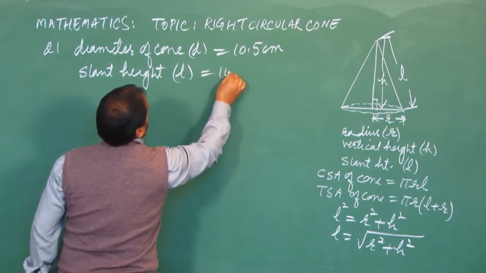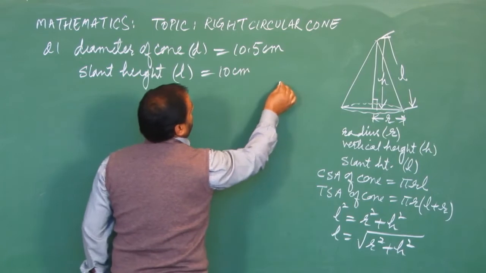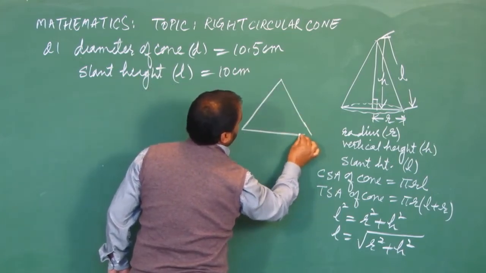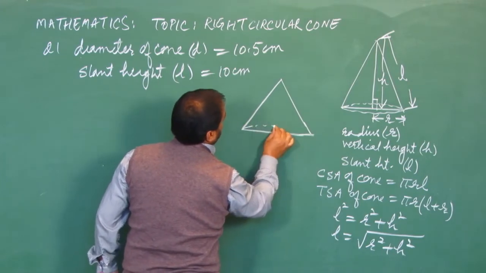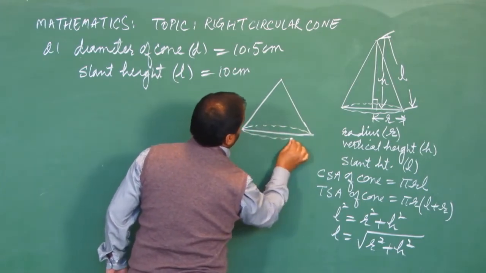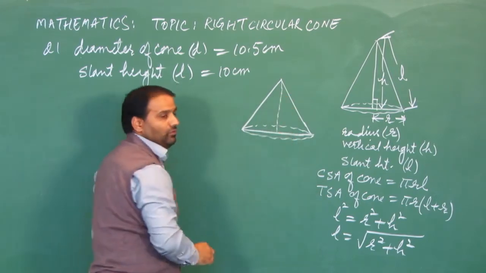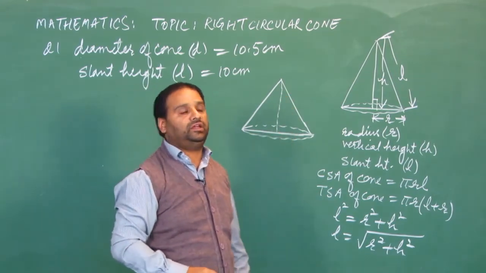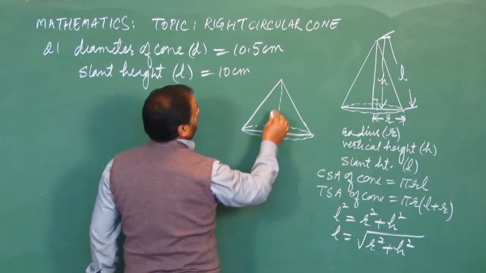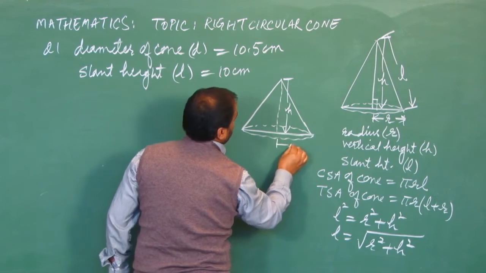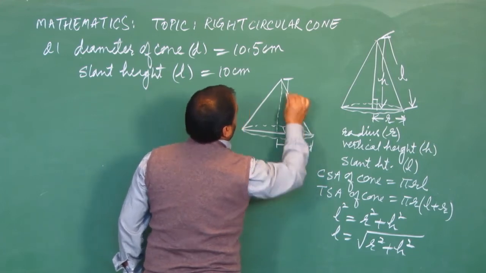If we draw that cone on a plain paper, you will find that one of its faces is of triangular shape. In fact, from whatever angle you see the cone, it always has a curved triangular face. This is its vertical height, this is the radius, and that is the slant height.